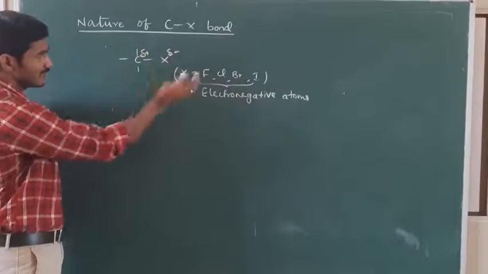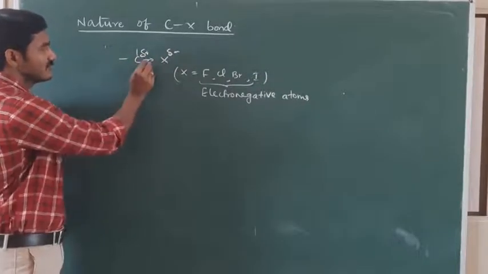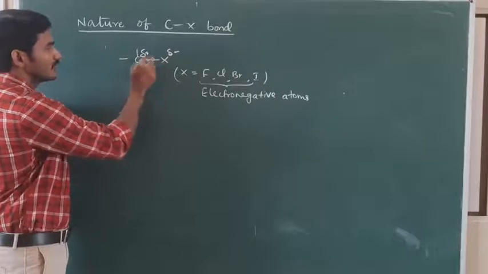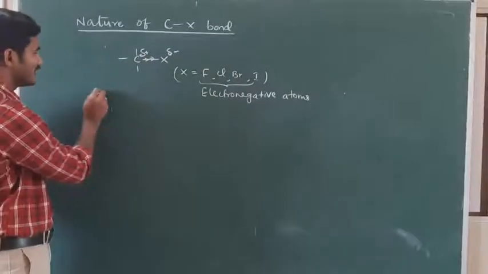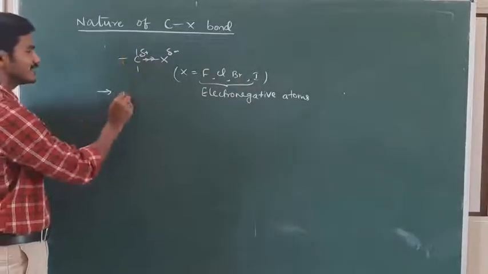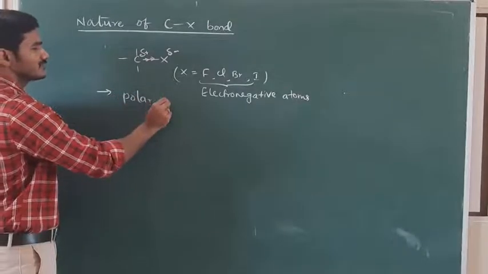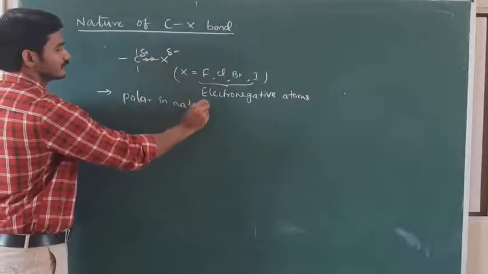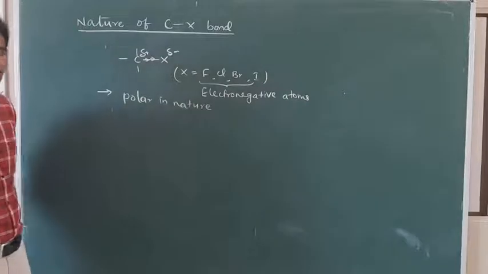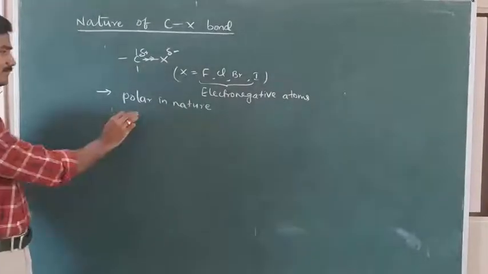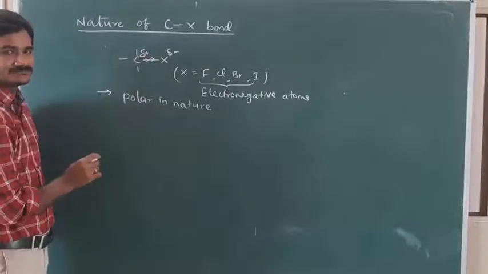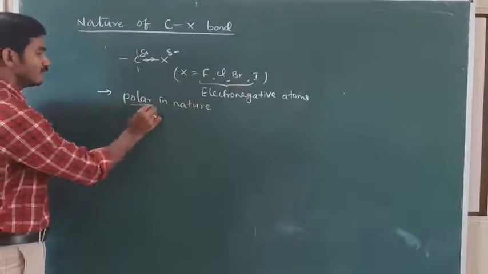The halogen tries to withdraw the electrons towards itself because it is electronegative. So because of this polarity, the nature of the C-X bond is polar.